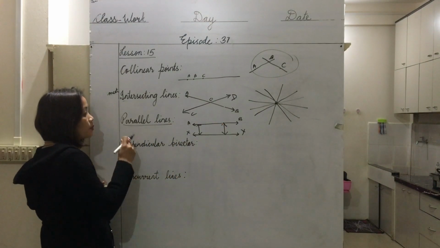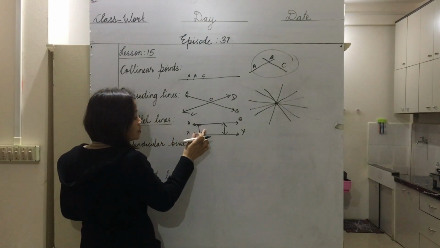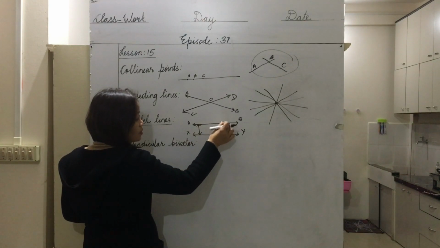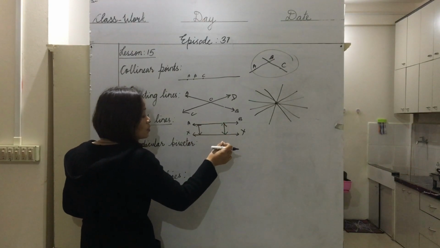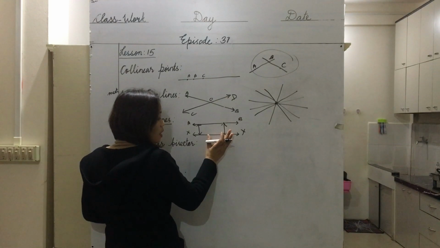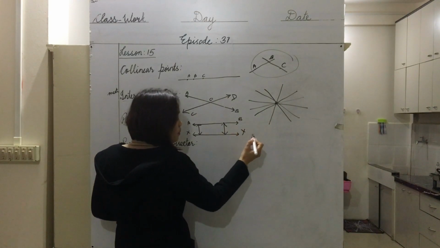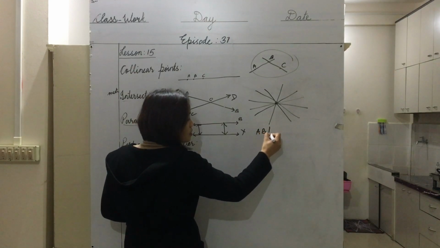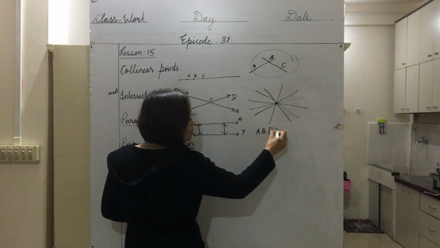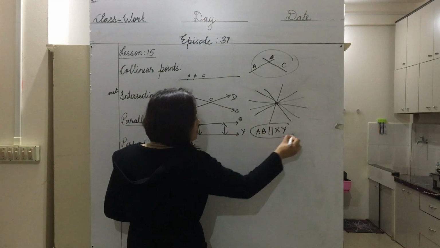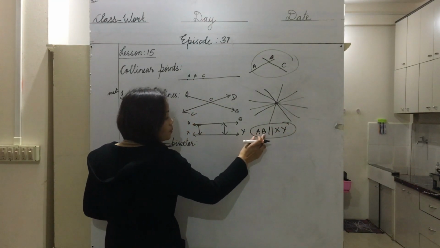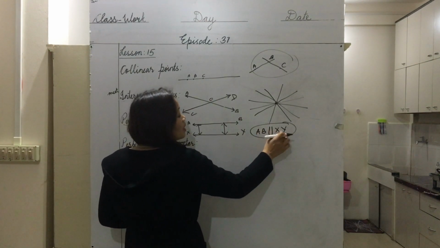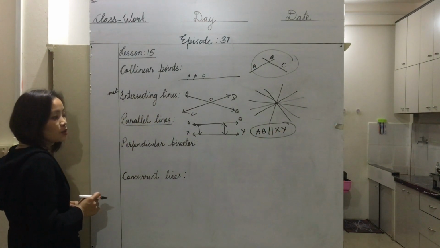For example, AB and XY, the distance between them is constant, so they are parallel. The symbol that we use, AB parallel to XY, we will read it as AB is parallel to XY. That means line AB and line XY are parallel to each other.